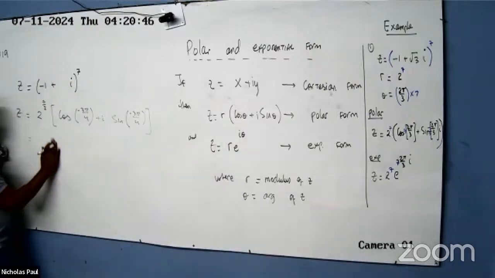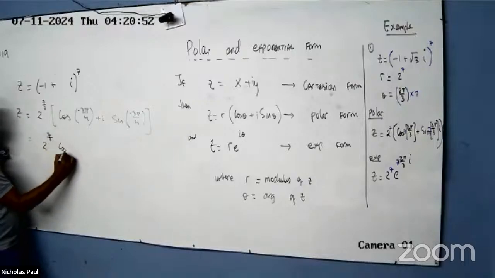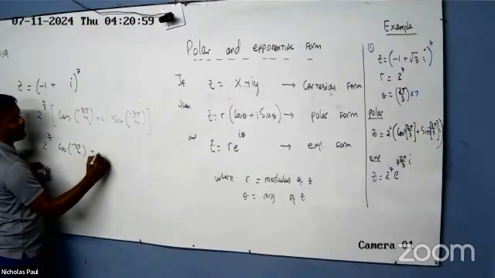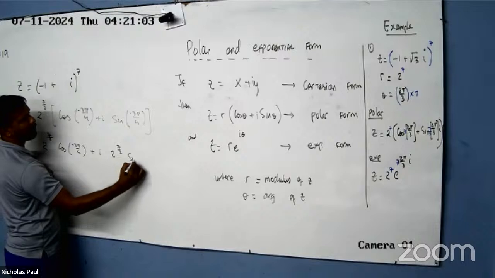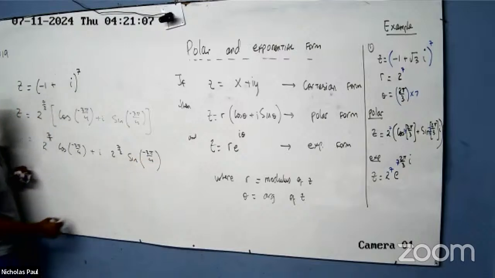So you're taking 2 to the 7 over 2 and multiplying it by cos of 3π/4. Work this out in the calculator. That'll be the real part. Then you do the same thing here: 2 to the 7 over 2 times sine of 3π/4. That's the imaginary part.